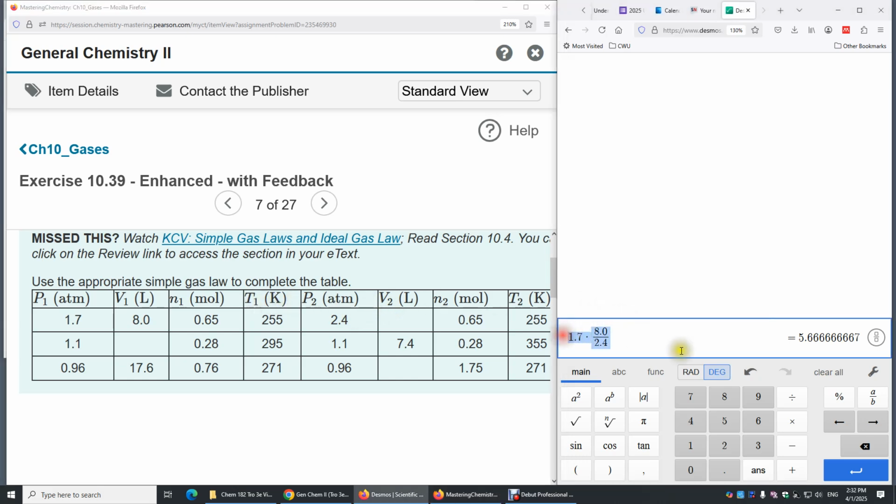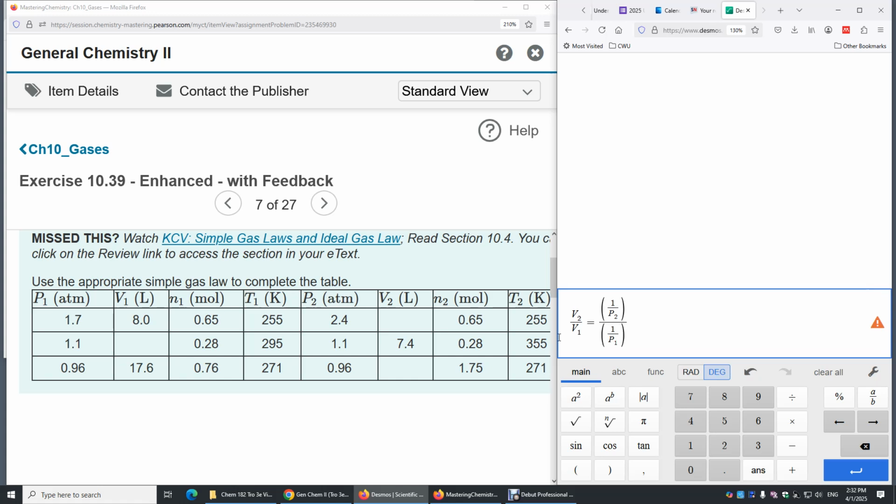So here we set up the equation. V2 divided by V1 is inversely proportional to pressure, so it's going to be 1 over P2 divided by 1 over P1.